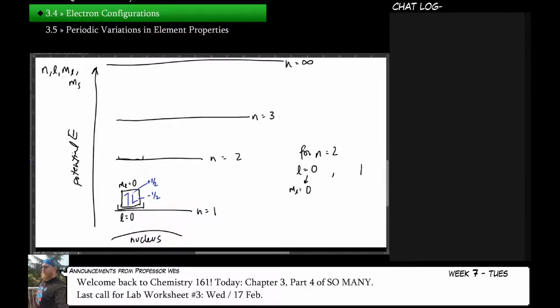So I'll make a bin that says l equals 0, and this will be m sub l equals 0. But over here, for l equals 1, m sub l can be -1, 0, or +1. So I'm going to make a bigger bin for l equals 1, and then m sub l equals -1, 0, and +1.